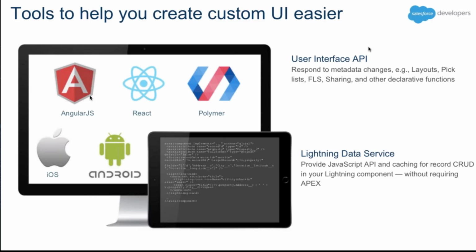And by metadata changes, we're talking about things like layouts. If you go and change a layout as an admin, for example, the runtime API automatically reflects the changes for you. So if you build your apps in such a way, you don't need to update them when an admin goes in and modifies layouts and makes other metadata changes.